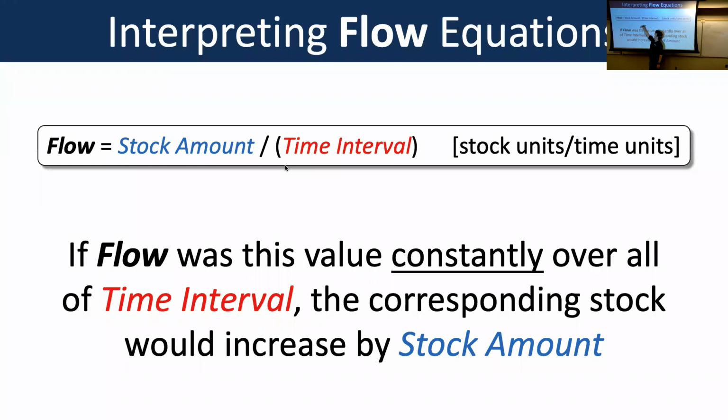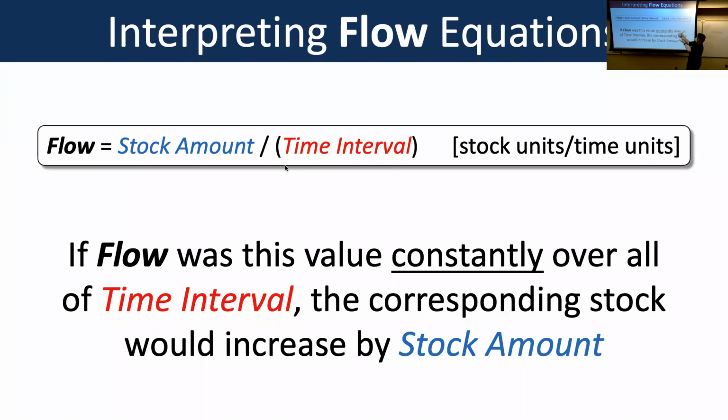So if the rate of change was 5 meters per second, then if the flow was held there constantly and you waited a second, the water level would jump 5 meters. Now that doesn't actually happen because an instant later, the instantaneous flow might change from 5 meters per second to 3 meters per second. That's why we have to simulate it, because the goalposts are constantly moving, and we have to simulate it to see how the game plays out.